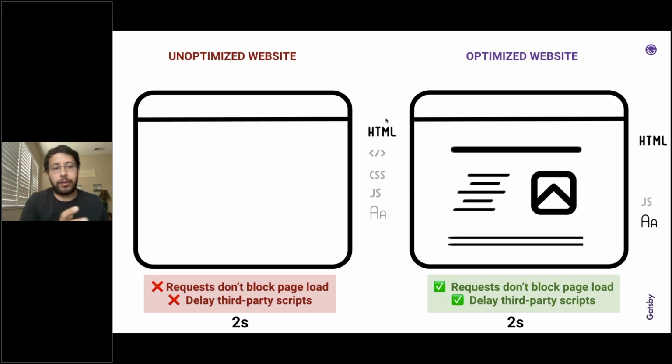That's why the unoptimized website is still waiting to load, while the optimized website has about as much information, not really that much more, but is able to paint and then start adjusting and tweaking a little bit as, for example, the fonts come in.